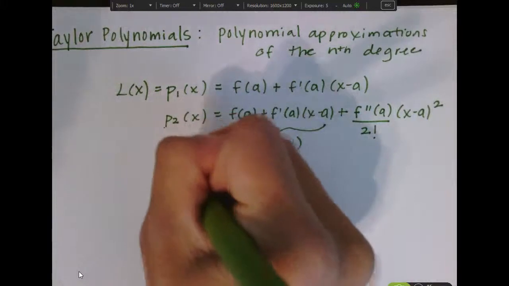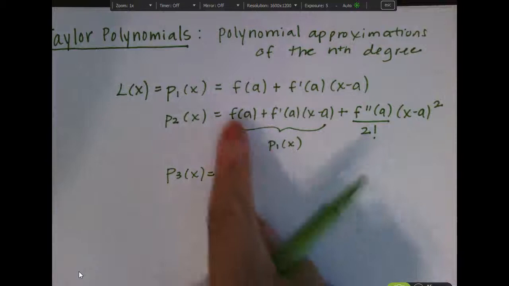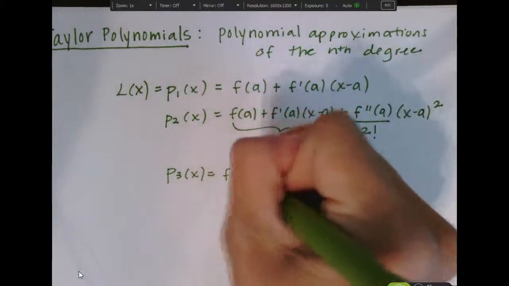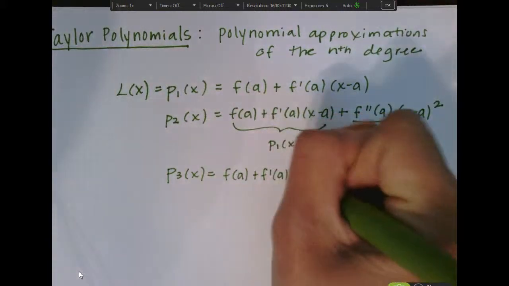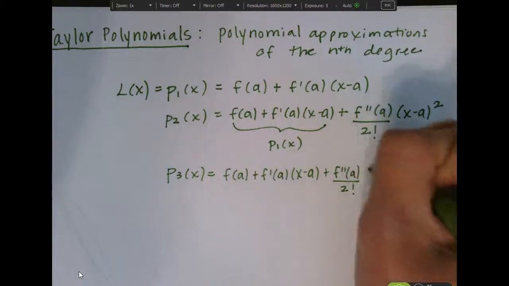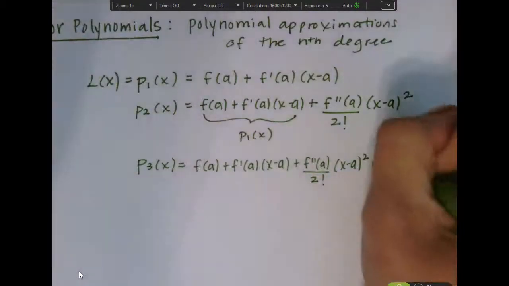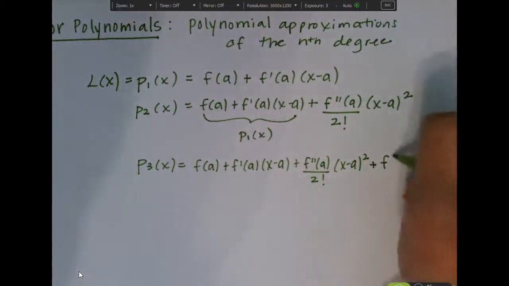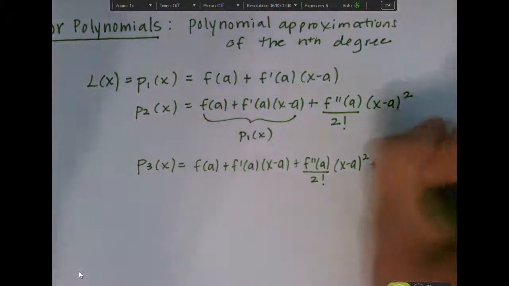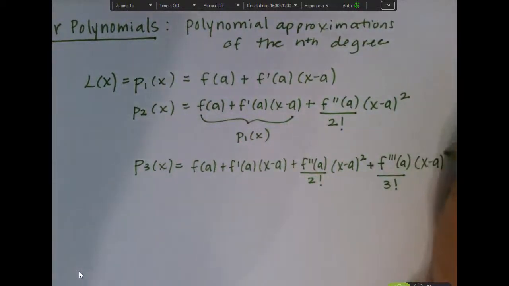Similarly, if I were to continue the pattern and show the third degree polynomial approximation, I would take everything that I have here, and I'll try to squeeze it all in. And then I would add another term, which would be f triple prime of a, so the third derivative of a, divided by 3 factorial times x minus a cubed.